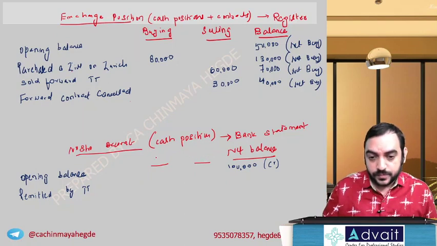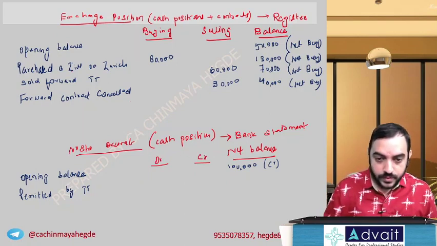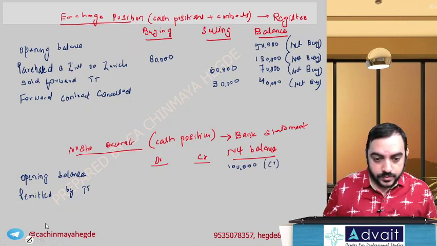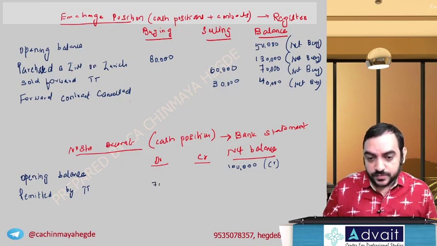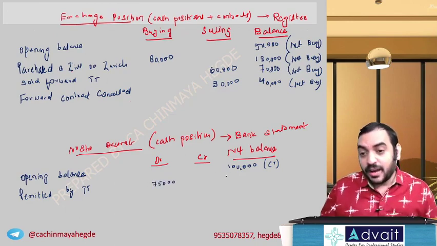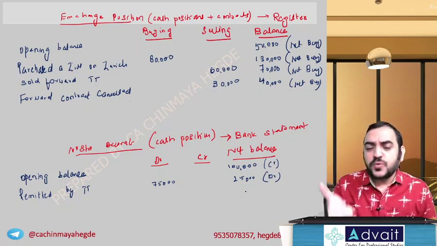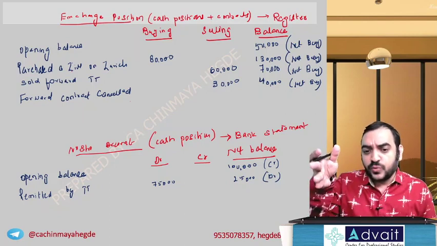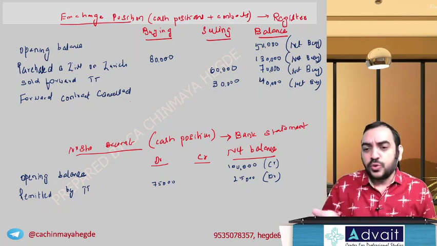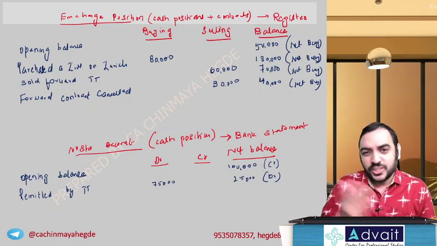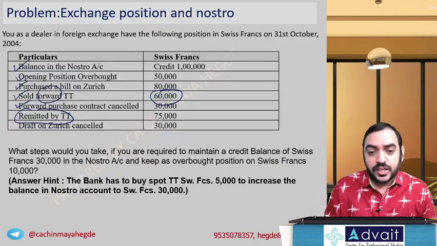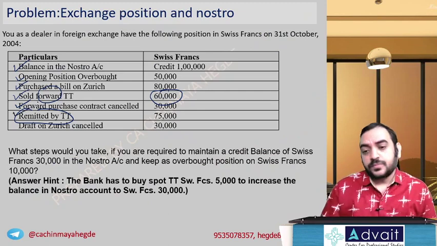But it does not matter. 75,000 if I debit, net balance will now be only 25,000. Debit balance. In fact, you don't have to show net balance for every transaction. I do it for clarity purpose. You can do buying and selling one column and debit credit one column. You don't have to do the net balance column for every transaction. But that's what bank statement looks like, right? So I'm writing like this. Okay. So this is done.